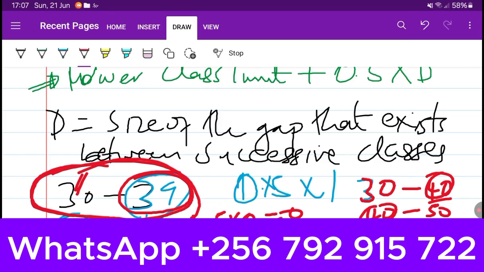So we are going to understand some of those things as we move along. But basically that's what we do. The upper class boundary of a class will be equal to the lower class boundary of the next higher class. So you can either use the formula, or you just take off 0.5 from the lower class limit, and then add what is there.